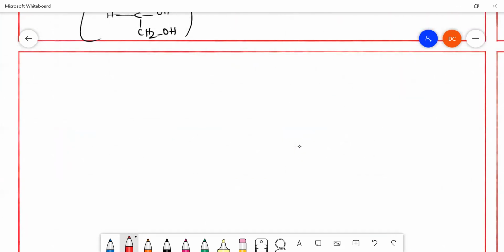So the first thing is, we have to write the Haworth projection from this one. For writing the Haworth projection, consider a 6-membered ring. One position will be occupied by oxygen.